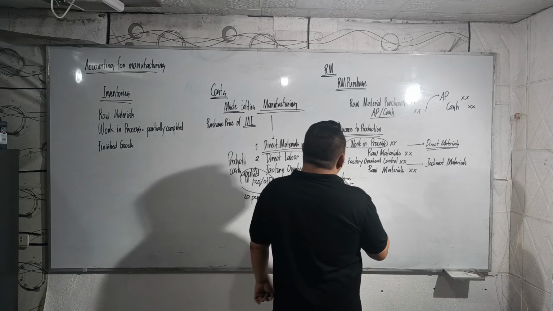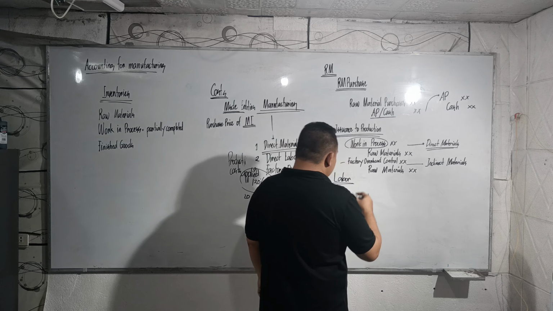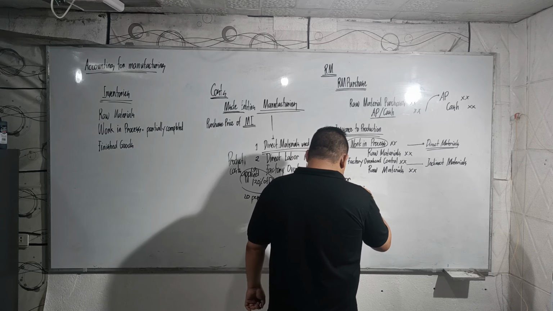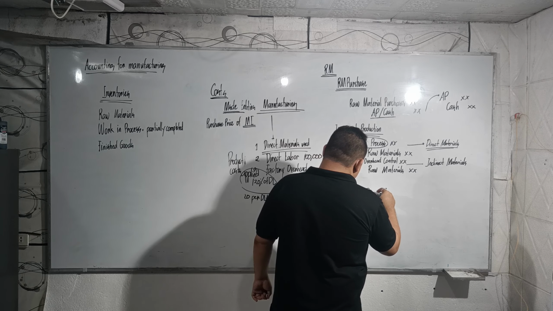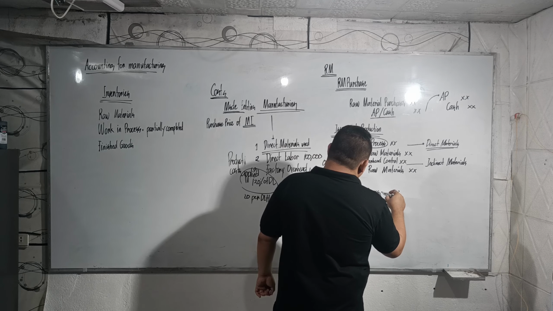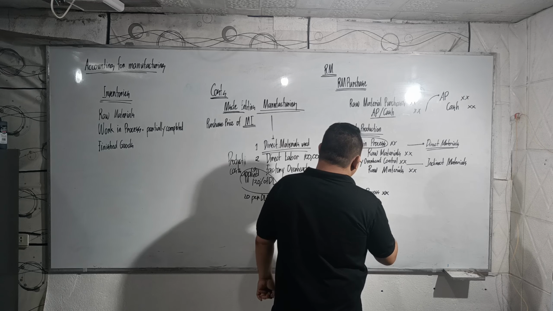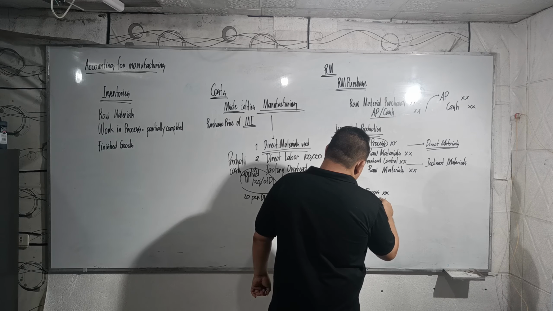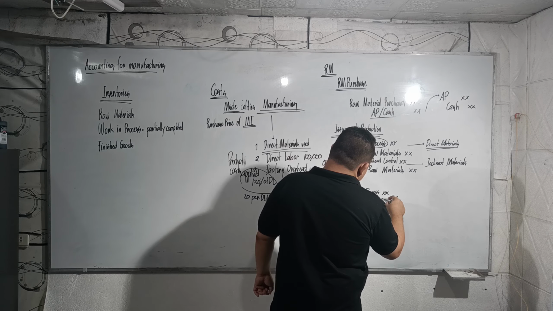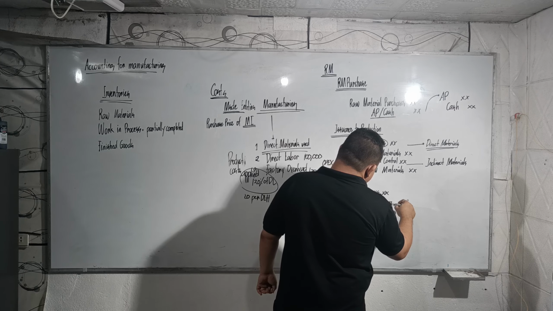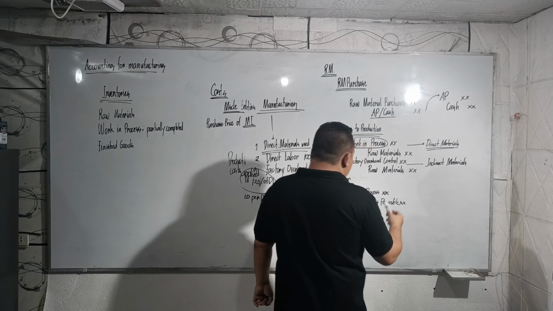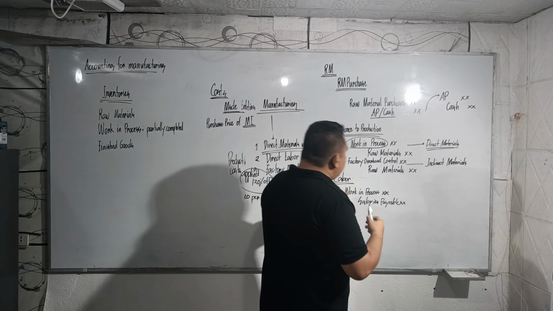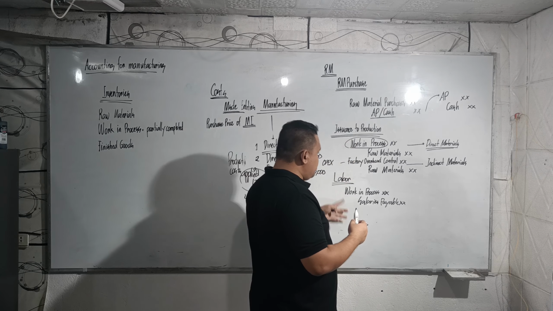So when we talk about direct labor, the entry will be work in process. If you're gonna pay, work in process. It could be salaries payable or cash if ever. But normally that is considered as salaries payable.